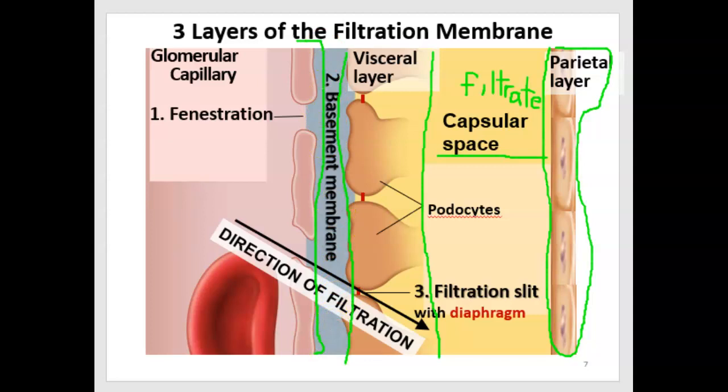So substances that are going to become part of the filtrate in the capsular space have to first get through the fenestrations of the capillary wall, cross the basement membrane, which is a meshwork of proteins and carbohydrates, and then make it through the filtration slits of the visceral layer of the capsule.